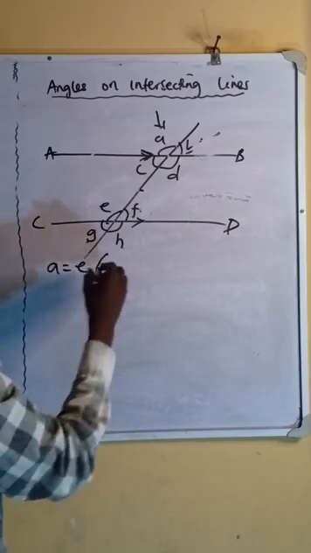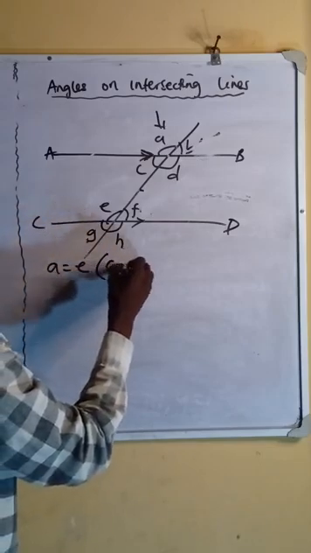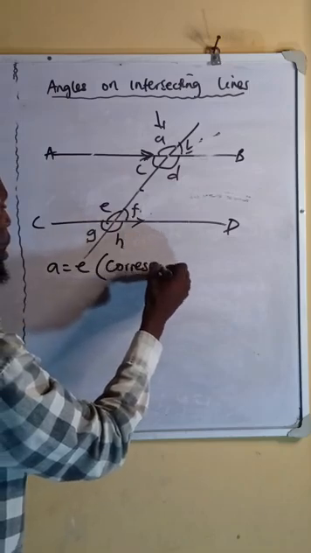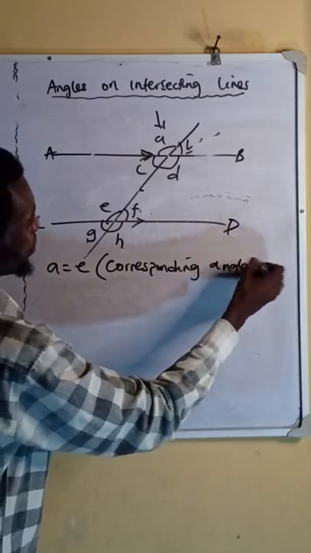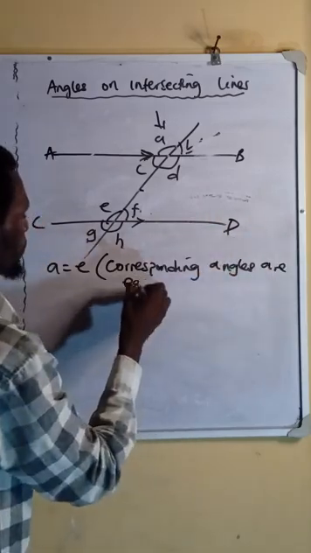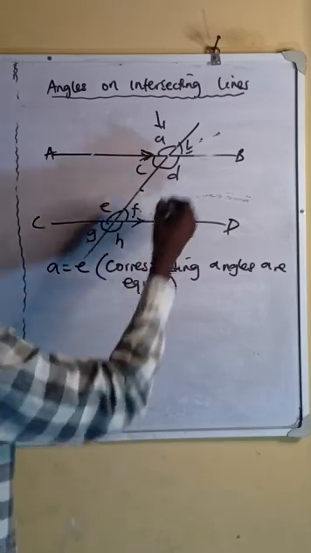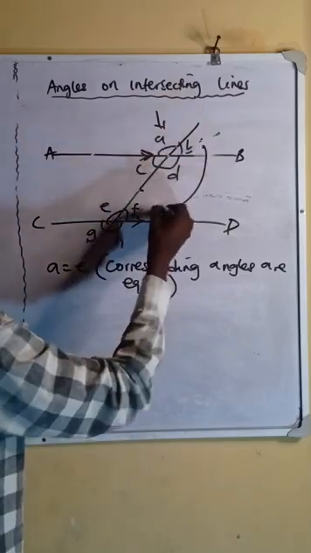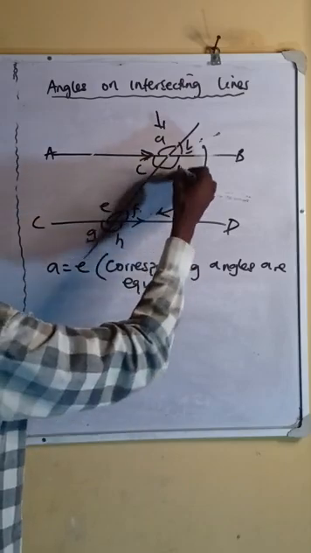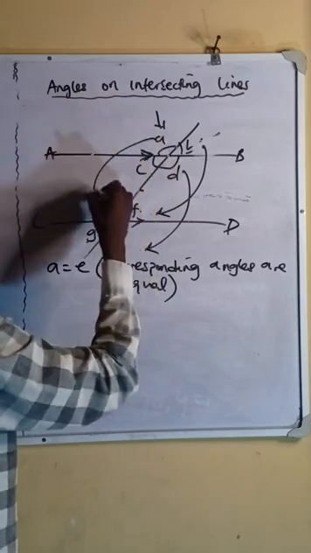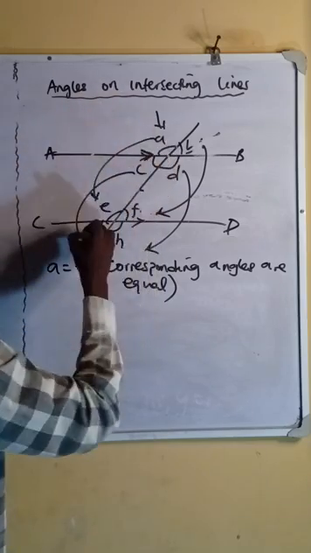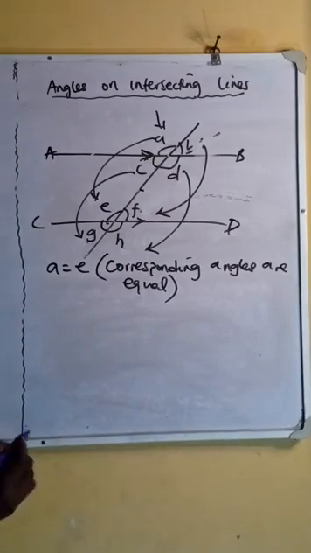What do we say here? Corresponding angles are equal. This is corresponding, this is corresponding, this is corresponding, and this is corresponding. You can see that.